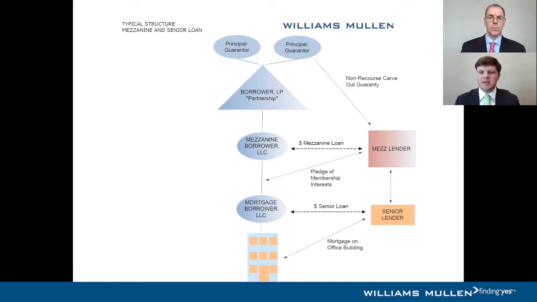Including these property related provisions allows the mezzanine lender to participate in certain decisions that affect the value of the property, and of course therefore directly affect the value of the mezzanine collateral.